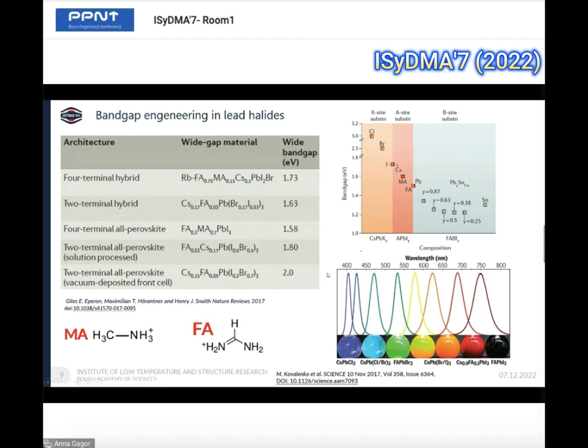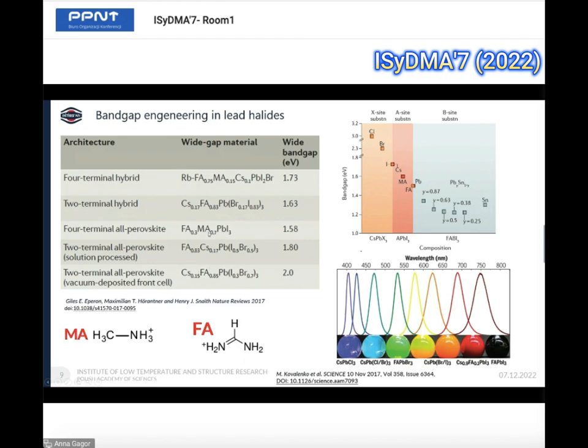And you can see here how the changes of the band gap also change the color of the photoluminescence in halides. But in this table, especially in this first position on the A sites, there are only two amines.